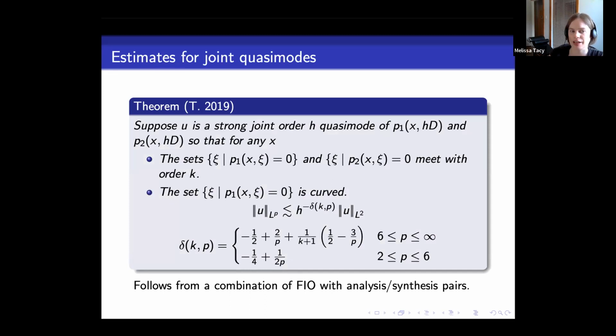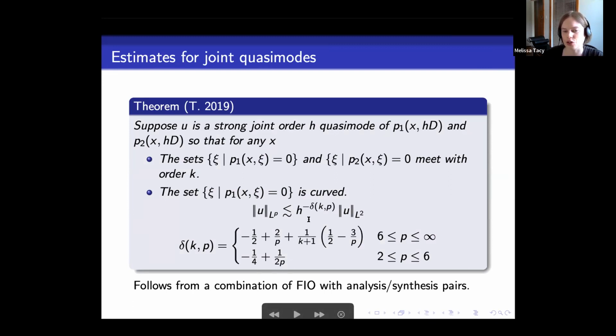So if you have a strong joint order H quasimode, so this is just assuming that you can apply P1 and P2 as many times as you want. You have the two sets meet with order K, and this first set is curved. That comes back to what I was saying before with the fact that curved and flat sets are different.